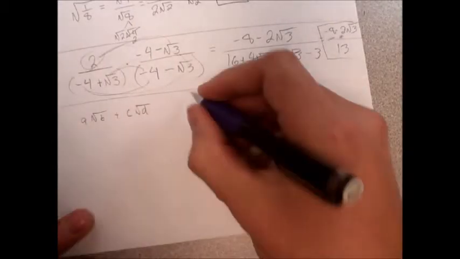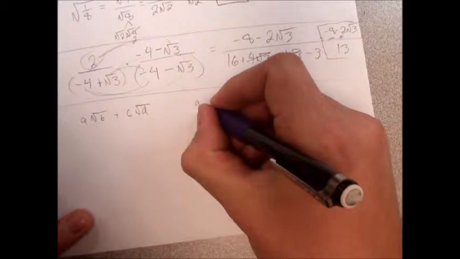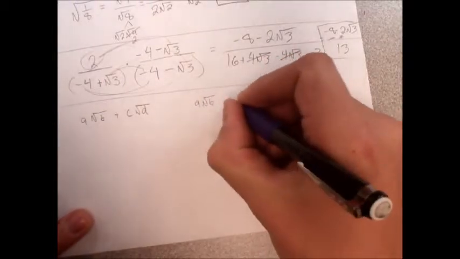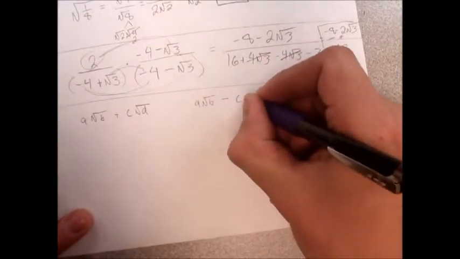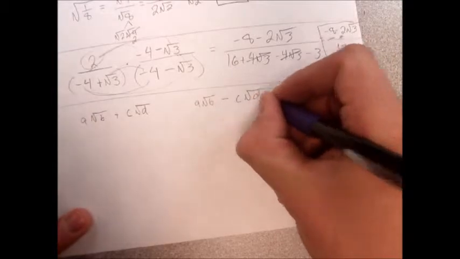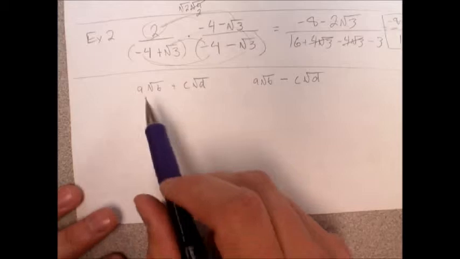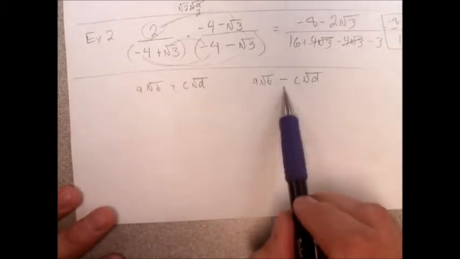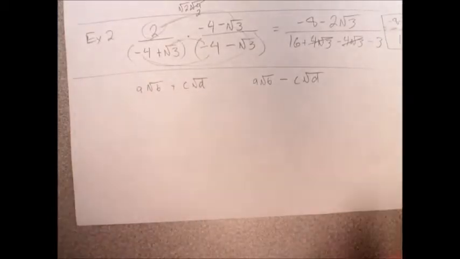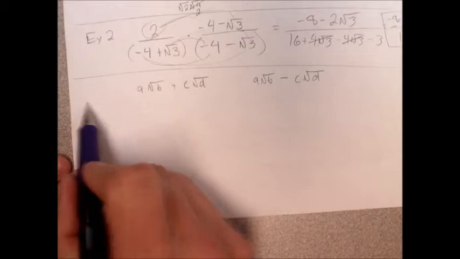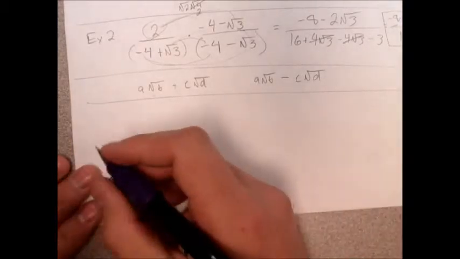So all they did was rewrite the exact same thing, some number times the square root of b, and then they changed the sign in the middle. And then some number times the square root of d. So the reason I don't like this is because it looks really complicated, but in reality all you are doing is changing the middle sign. Okay? That's all you're doing. Just changing the sign in the middle. From a plus to a minus or a minus to a plus. Okay? So that's your general rule of thumb there.